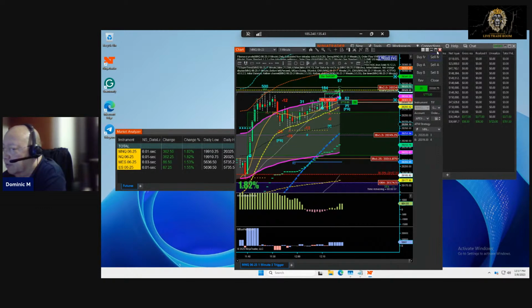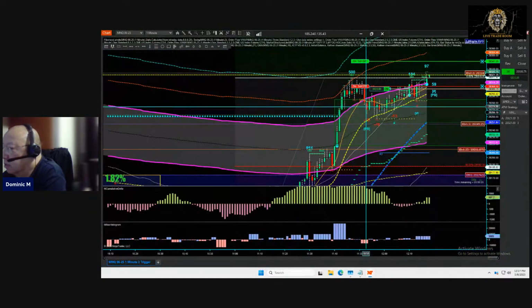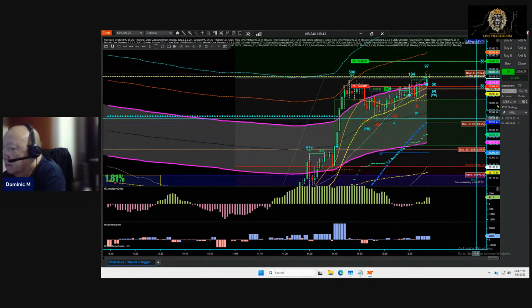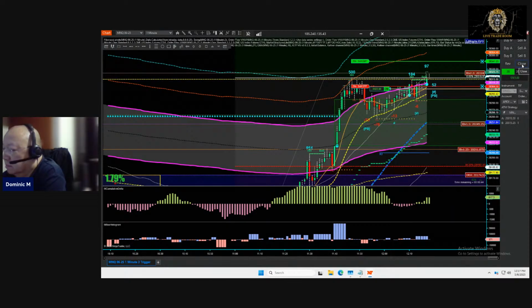Okay, we closed above that structure. See that structure break right here? That's good. Hmm. 40 seconds. Try to come back down. A lot of time to make it back up.